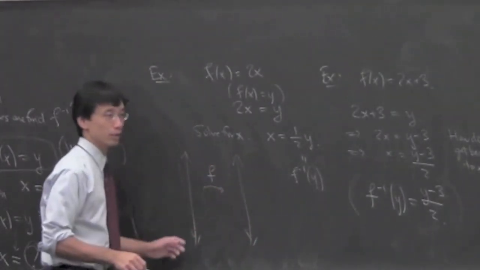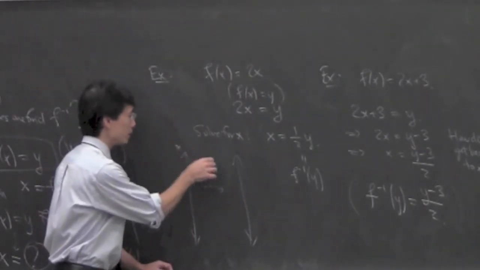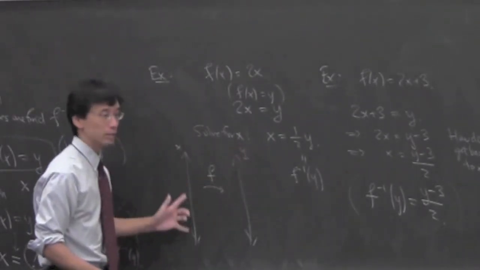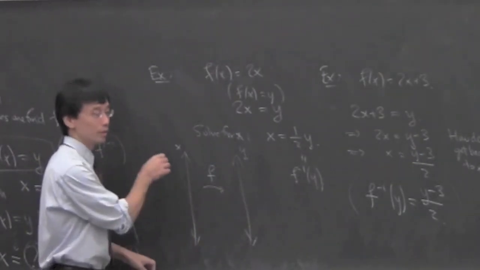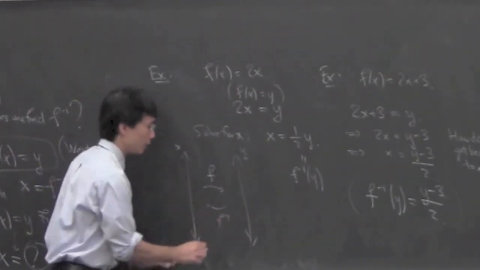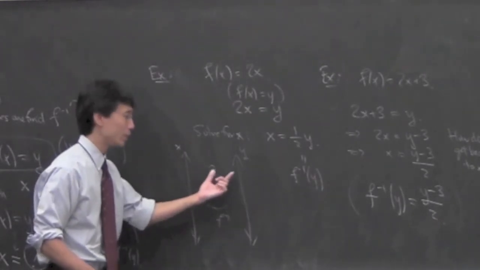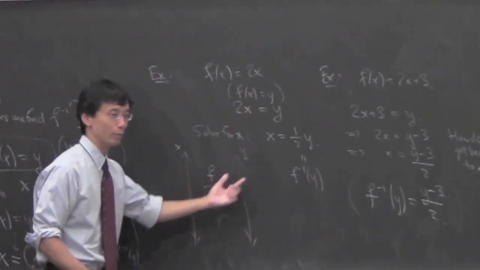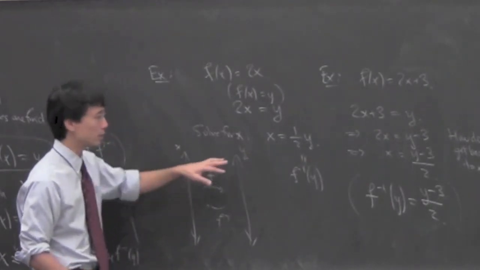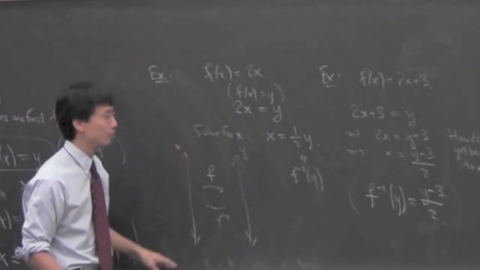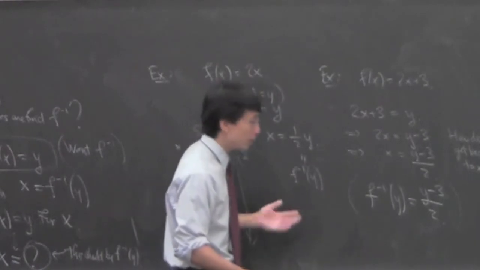Here you have this function, and the way you want to think about it is that it goes from the x world to the y world. The inverse function, properly speaking, should go from the y world back to the x world. So it actually makes more sense to keep it this way. But either way, you find the same answer.